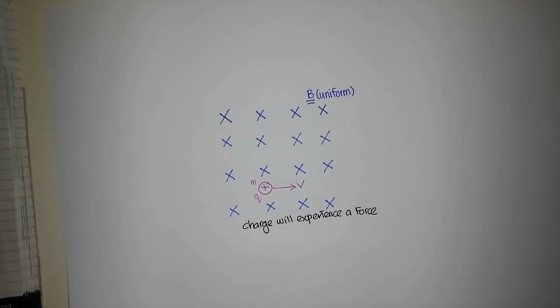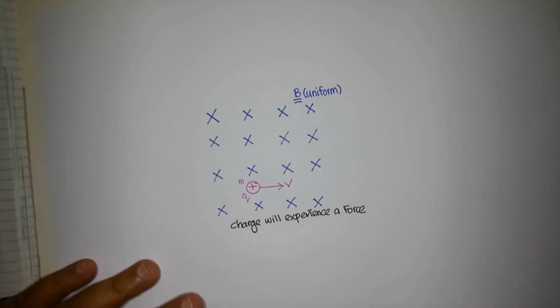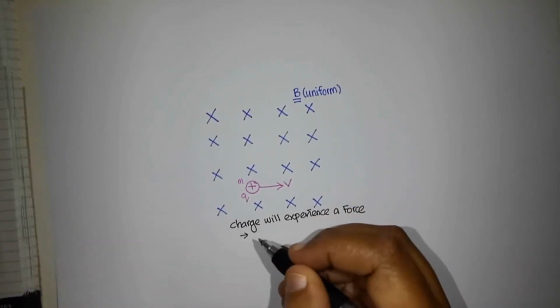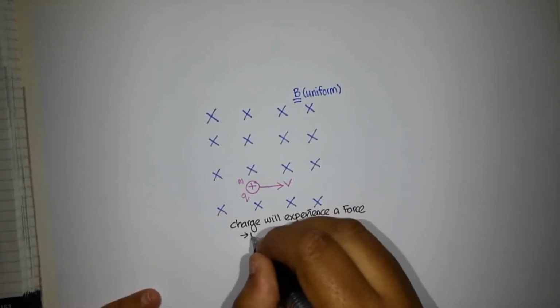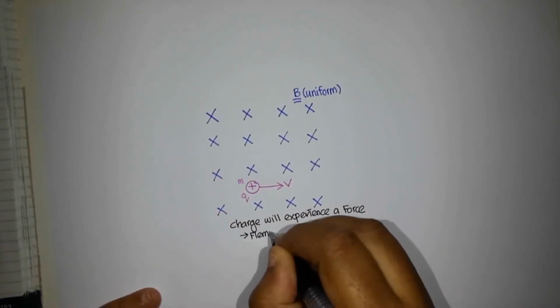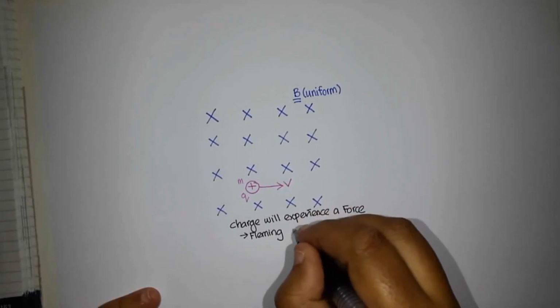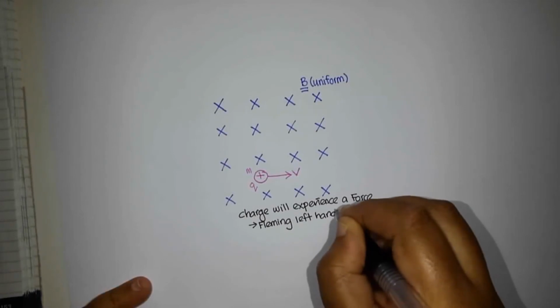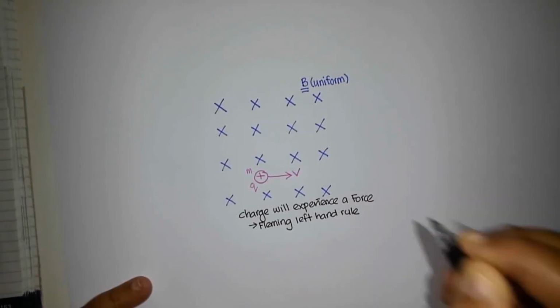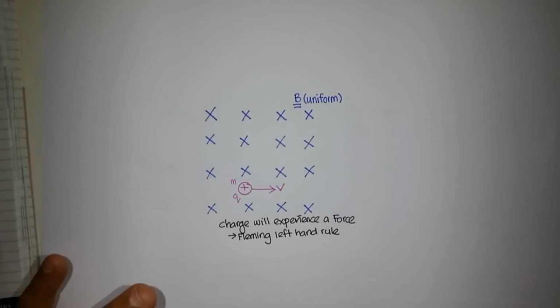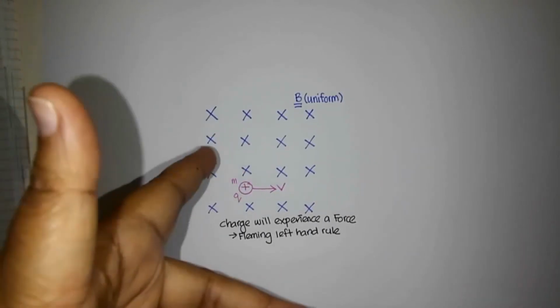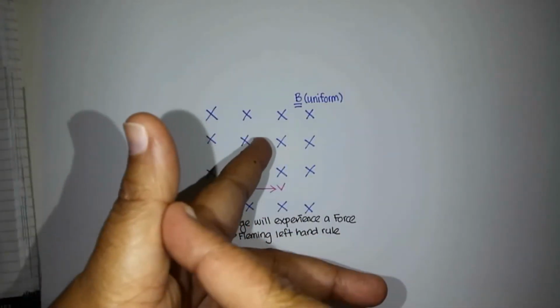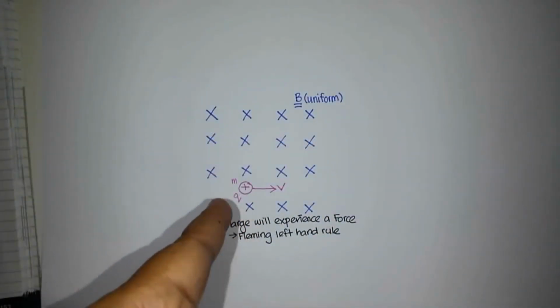Now this force, we want to draw the direction of the force. When we want to draw the direction of the force, what must we do? We must use Fleming left hand rule. So let's use Fleming left hand rule. F, B, V. Now we fix B first.